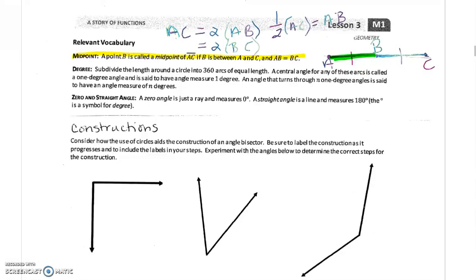Or you could say half of AC equals BC. All right. One more thing. A zero angle is just a ray. Doesn't open at all. It's just a ray. A straight angle is a line. And the line, remember again, measures 180.